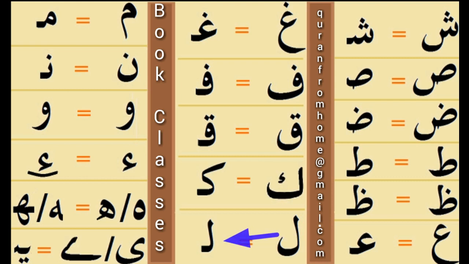And a small lam looks like this. This is a small mim. It has a tiny tail instead of the long one. This is a small noon. A small waw basically looks exactly like the normal full-size waw.